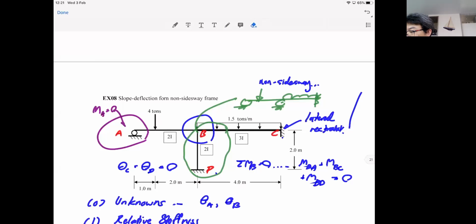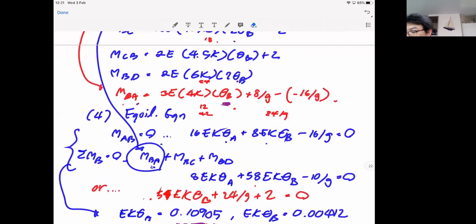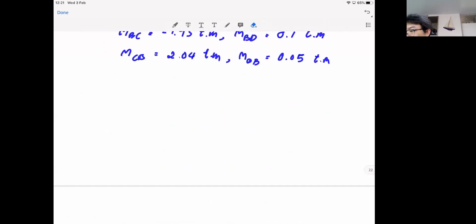So now let's go back here and try to finish this off. Okay, and 6 is reactions. So again, remember that all your numbers from the equation mean that clockwise is positive.